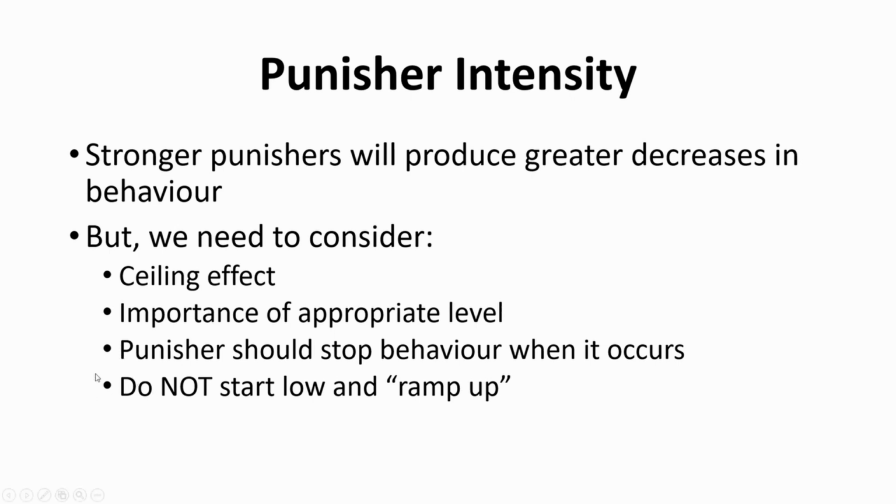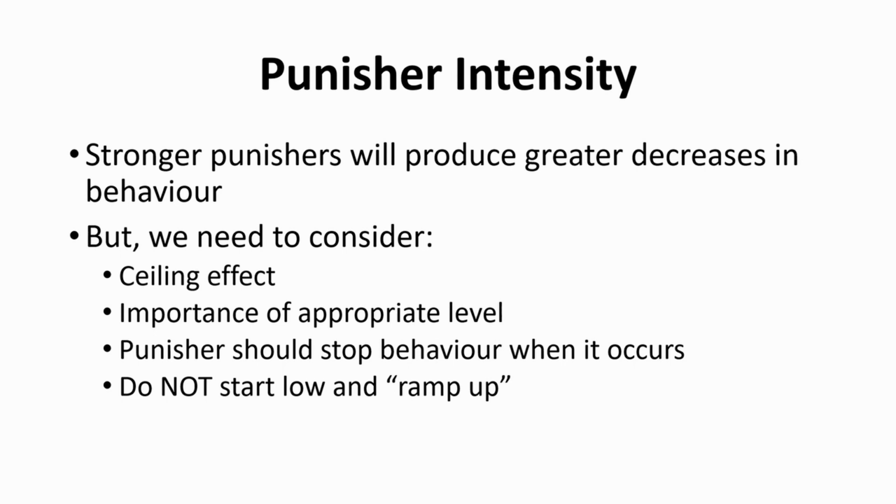And again, this leads us to the next point, which is that if you start with a punisher that is too low intensity and slowly ramp up to higher and higher intensities, you sometimes find that they become accustomed or habituated, I guess, to that lower level intensity of punisher, and even a slight increase in punisher intensity doesn't really have any effect.